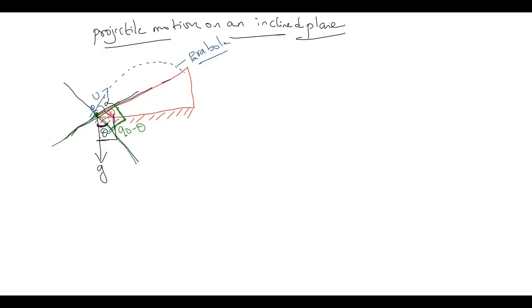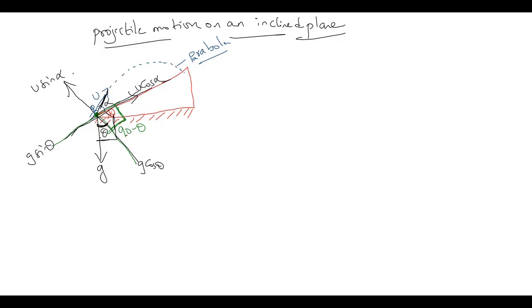Now this g will be resolved into two components: one along this, g cos theta, and another along this, g sin theta. In the same way, u, as you have thrown at alpha angle, will resolve into two components: u cos alpha along this direction, and u sin alpha along the y direction. Understood?